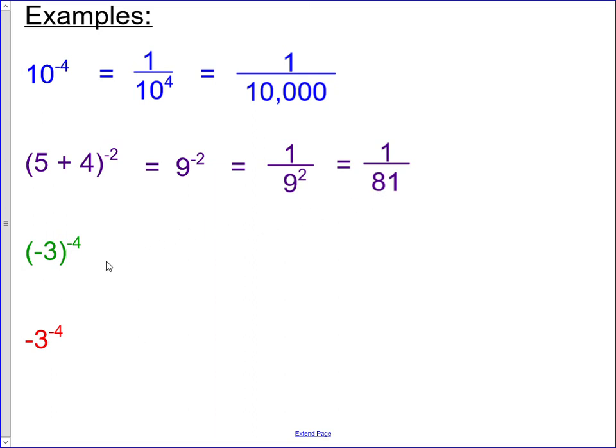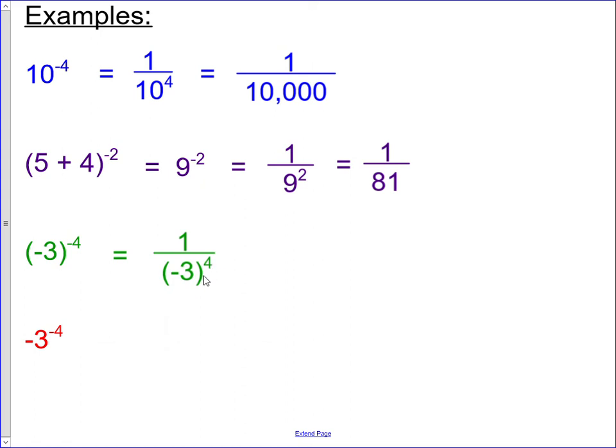Let's take a look at another one. This one has negative 3 in parentheses. Now let's remember the difference between negative 3 in parentheses raised to a power and negative 3 without the parentheses. On this one, we just follow our integer rules when multiplying. So this one would be the same thing as 1 over negative 3 raised to the fourth power.